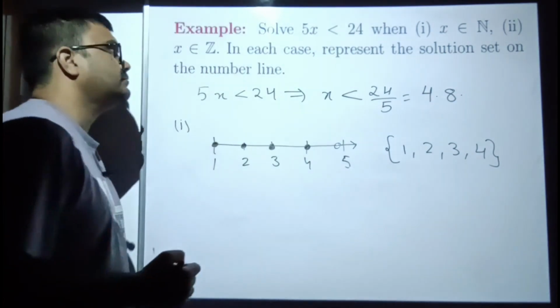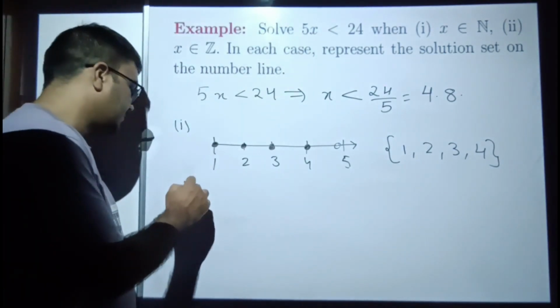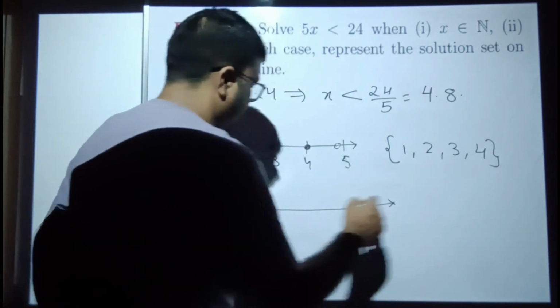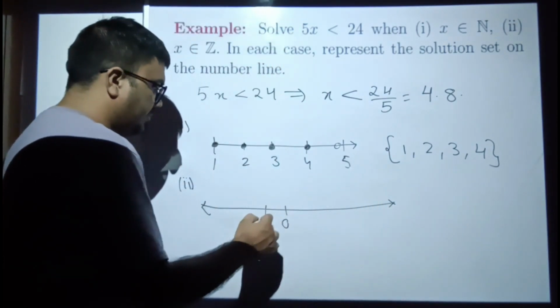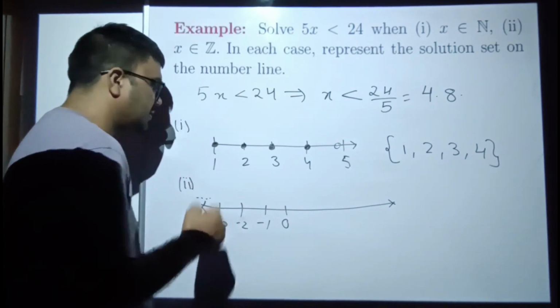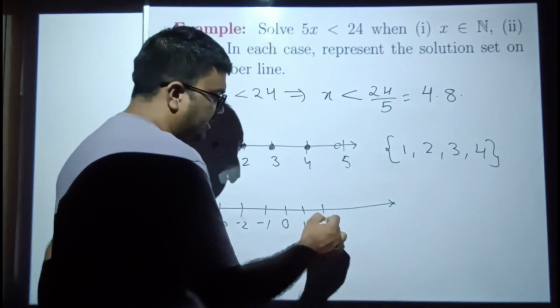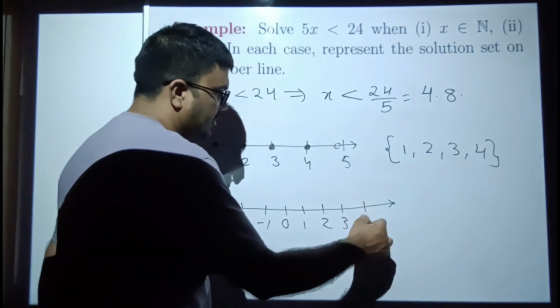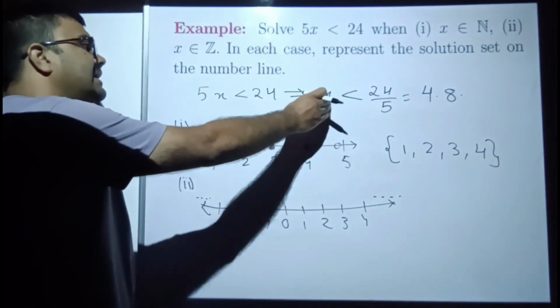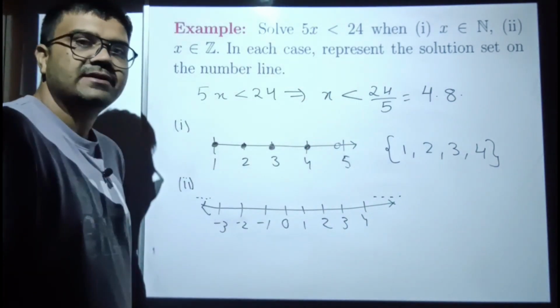In the second case, if we plot the number line, we will have 0, minus 1, minus 2, minus 3 and so on. And then we will have 1, 2, 3, 4 and so on. Now we are talking about all integers less than 4.8.